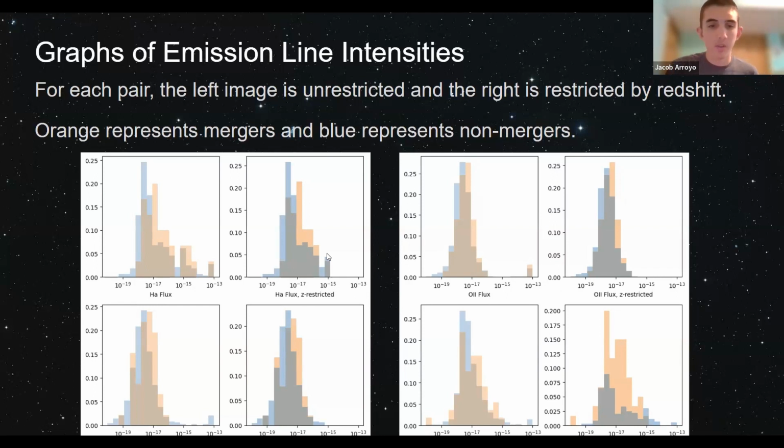Those usually had very strange apparent redshifts too. So restricting by the redshifts here just made it easier to get a more accurate sample of these.